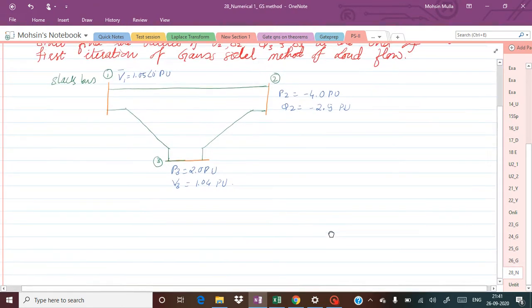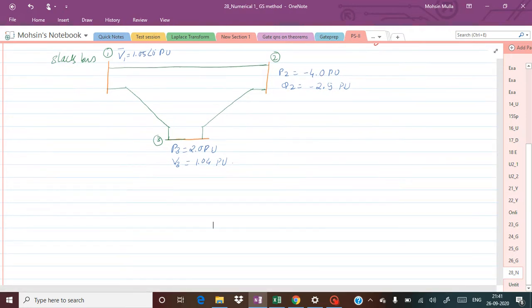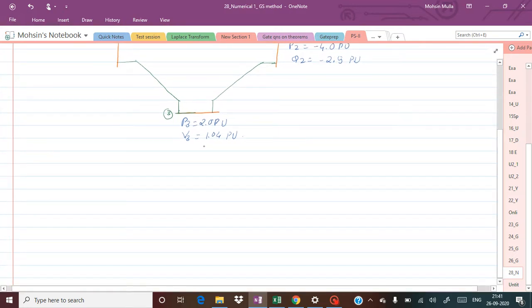Now here we are having a PV bus, so Q should be within a specified range. The Q for bus 3 is indicated as Q3, and it is given as: the left-hand side indicates Q minimum, which is 1 per unit, and Q maximum is 1.5 per unit. So it should be within 1 to 1.5 per unit.